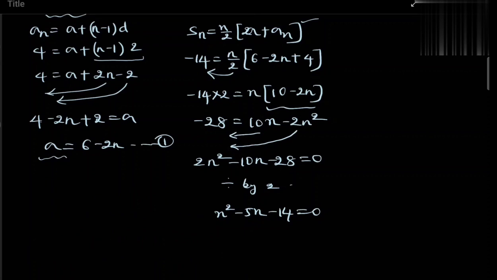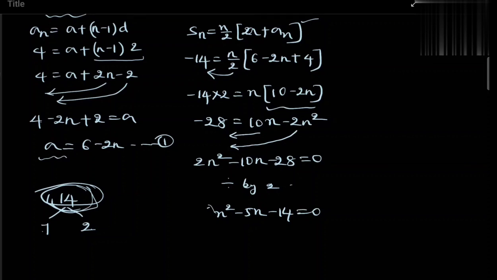So now we have to factorize the given equation, that is n square minus 5n minus 14. To factorize, consider the numbers. So here the number is 1 and here the number is 14. So 1 into 14 is nothing but 14. So the factors for 14 are 7 and 2. When we multiply 7 into 2, we get 14. So 7 and 2 are the factors.